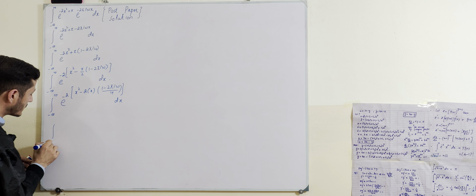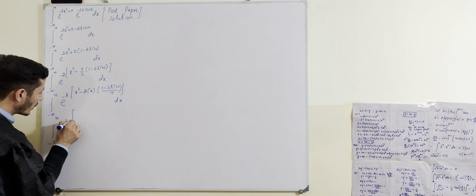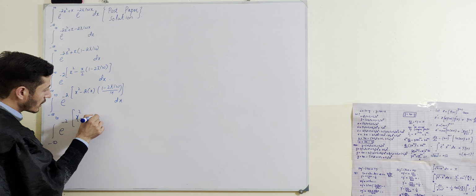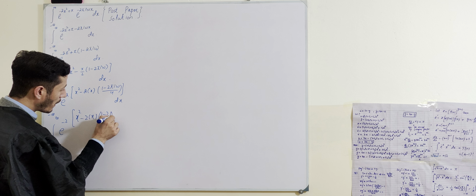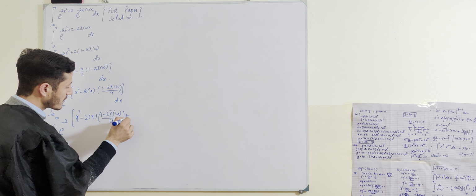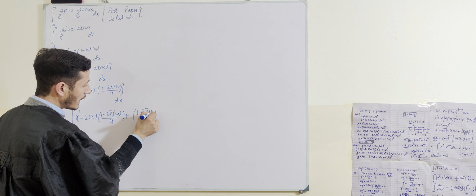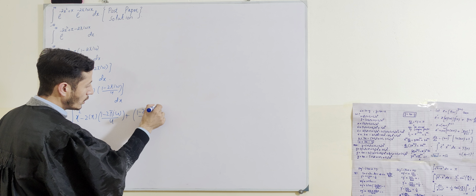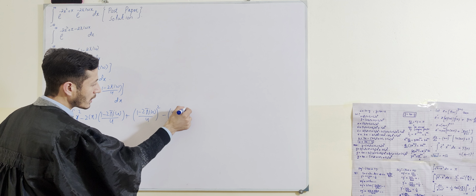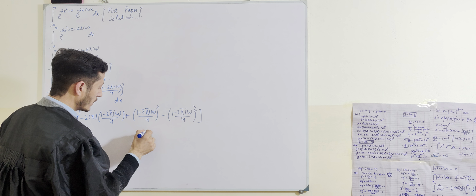So it becomes e^(-2(x² - 2x(1 - 2πiω)/4 + ((1 - 2πiω)/4)² - ((1 - 2πiω)/4)²)) dx.